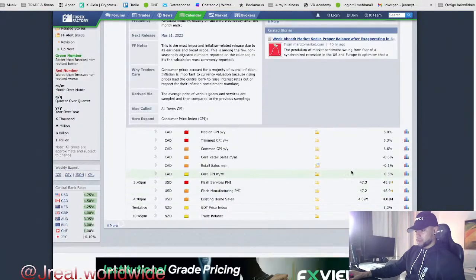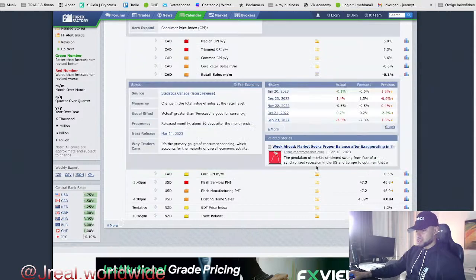Oh snap! We got a lot of red folders here. Okay, so Canada, there's a lot going on for the Canadian dollar today. If you're trading the Canadian dollar today, be cautious of this. Let's see what this folder says. All right.